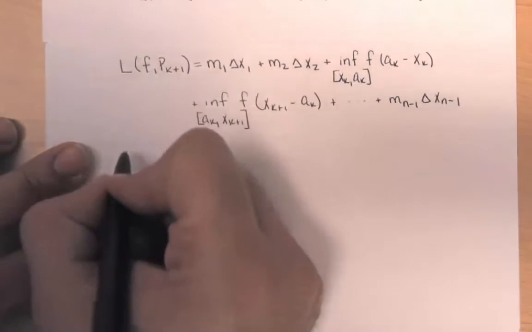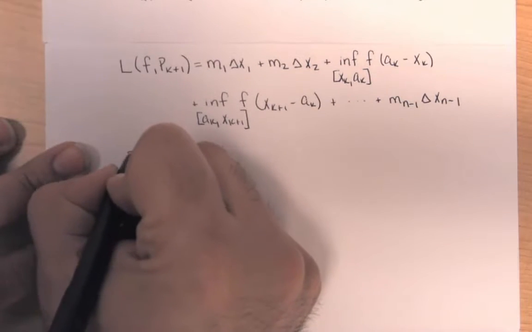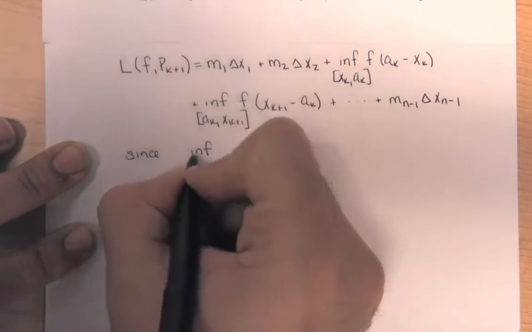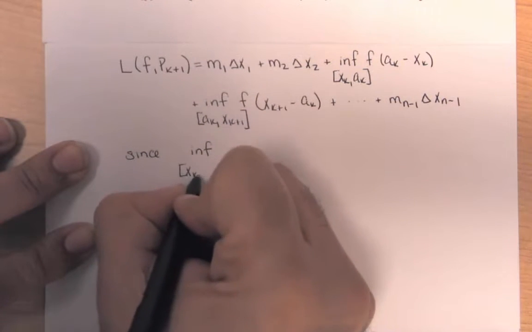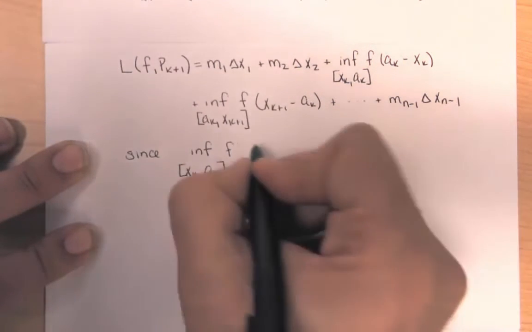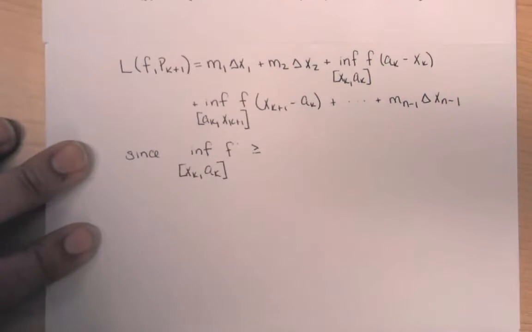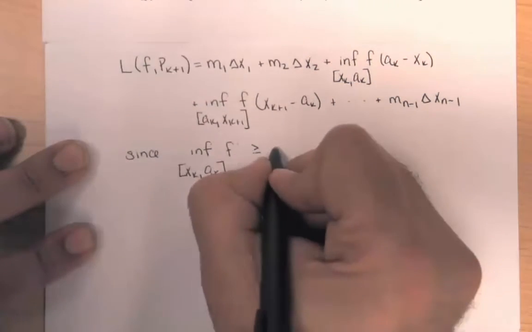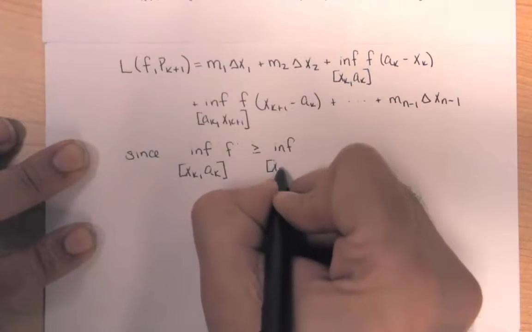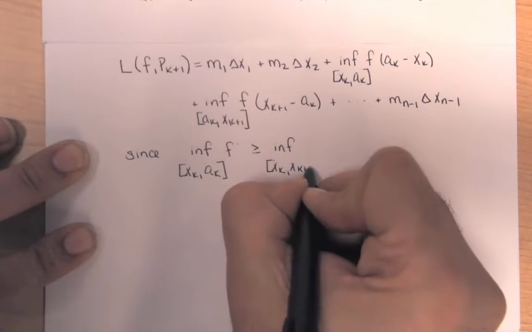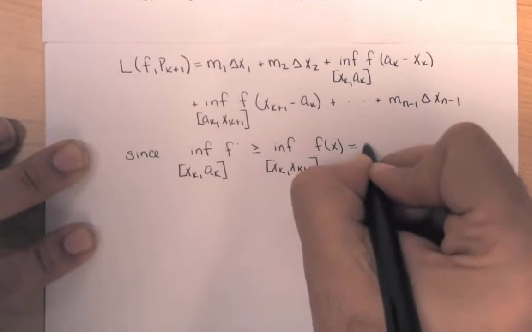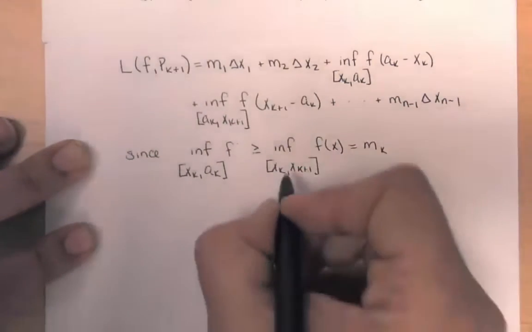Now here's the key idea. If I take the infimum over xk to ak of f, it's greater than or equal to the infimum over xk to xk plus 1 of f of x, which is, by the way, mk, right?